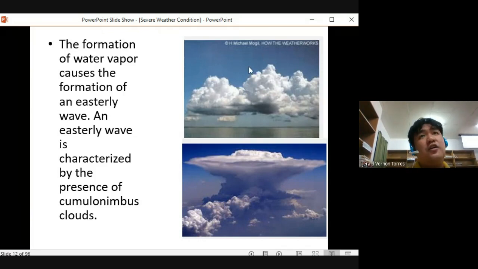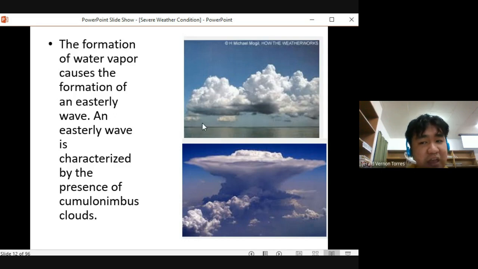And when we are speaking of cumulonimbus clouds, ito yung mga clouds na may heavy precipitation or nagko-contain siya ng water due to the fact that it formed, class, with high humidity. So technically, high yung water content ng mga clouds na to. At paano to na-form?